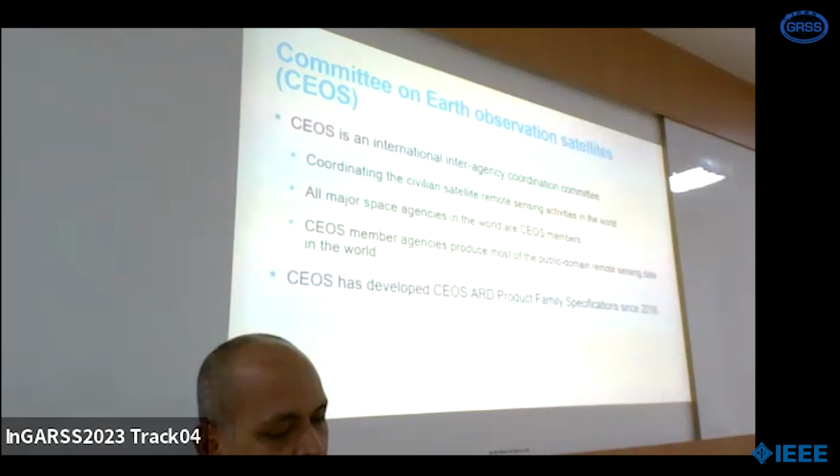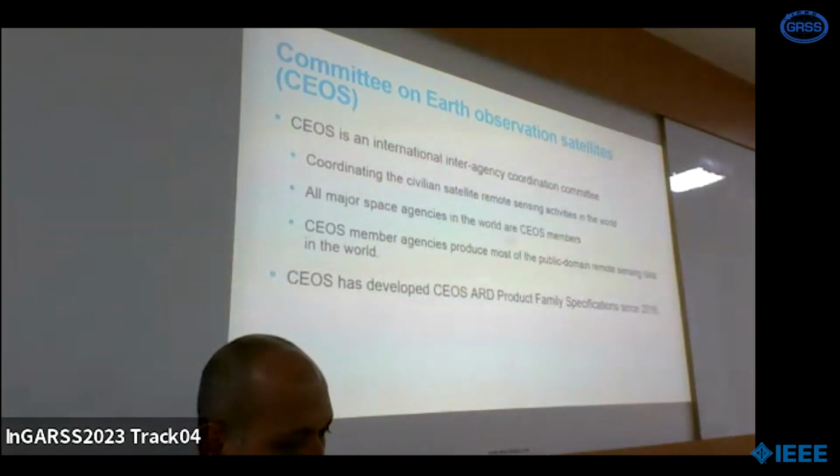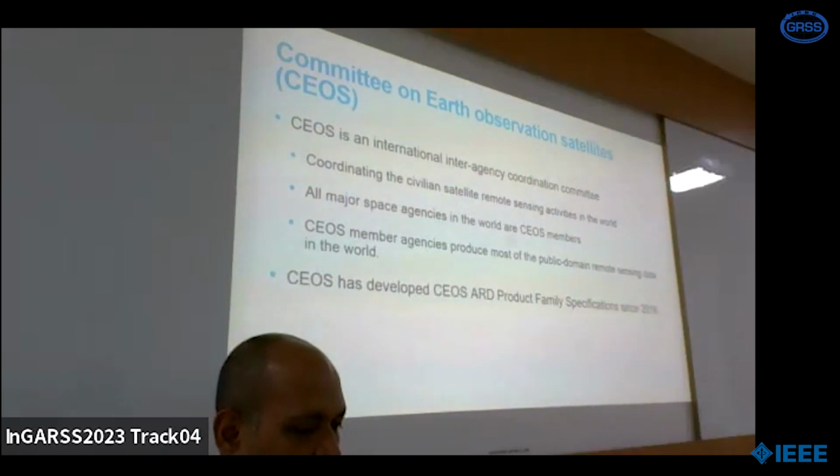All major space agencies in the world are CEOS members, for example NASA, USGS, JAXA, the Indian Space Agency. And the CEOS member agencies produce most of the public domain remote sensing data in the world.